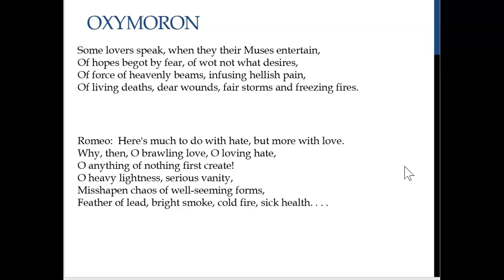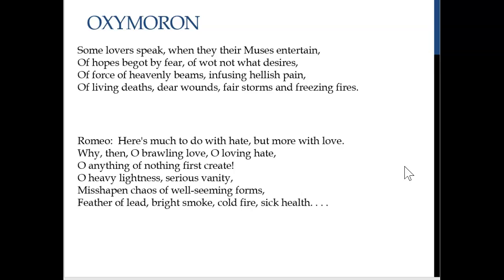So here's an example. The first example is an oxymoron from one of Sidney's poems. In one of the quatrains, he writes, Some lovers speak, when their muses entertain, of hopes begot by fears, of what not what desires, of force of heavenly beams infusing hellish pains, of living deaths, dear wounds, fair storms, and freezing fires.